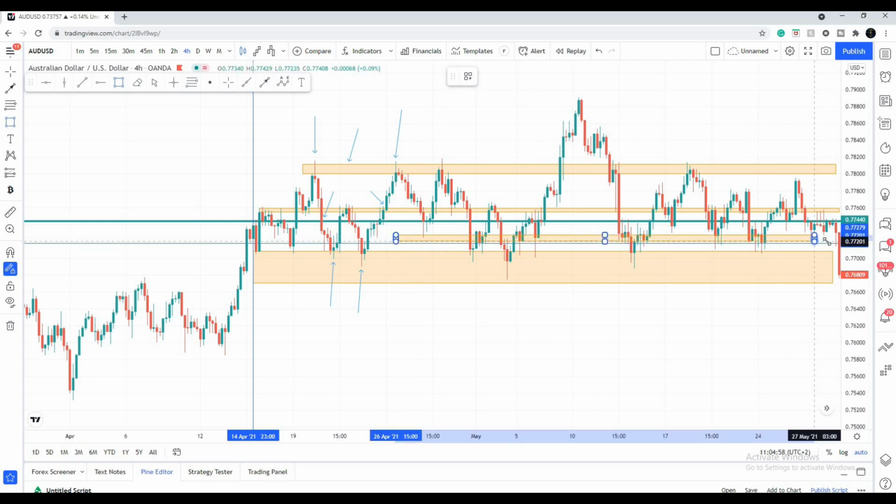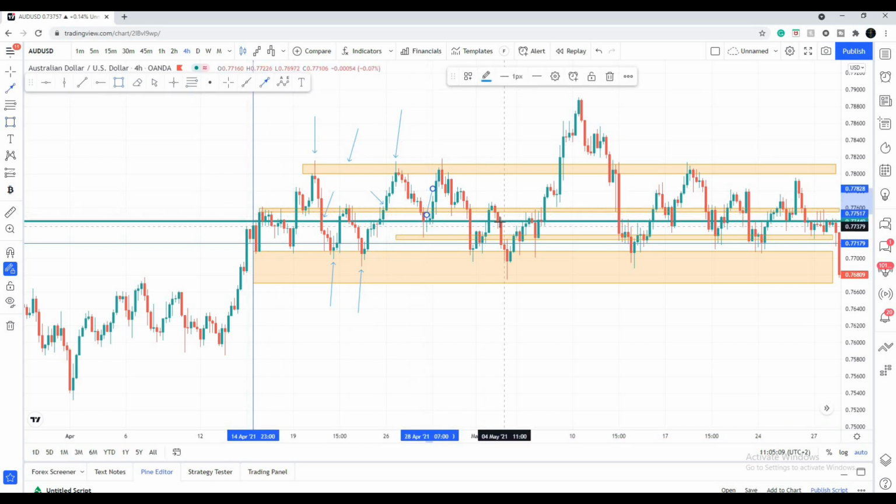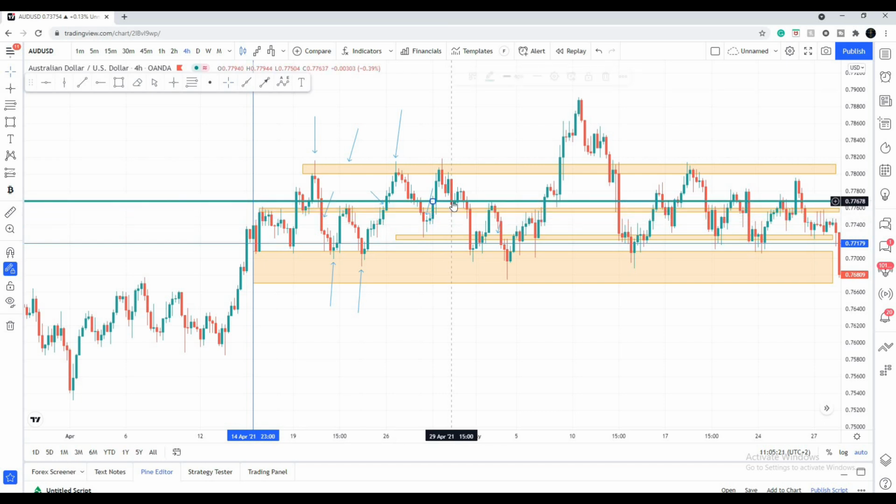Okay, so let's just add that in. The market reversed over there, and so we would have taken a setup over there. Like I said, if you do see a breakout, you would have taken your trade over there, and we could have put our stop loss. Once we take our second entry for the sell trade over here, we could have moved our stop loss over there, and we can see that that was in profit.